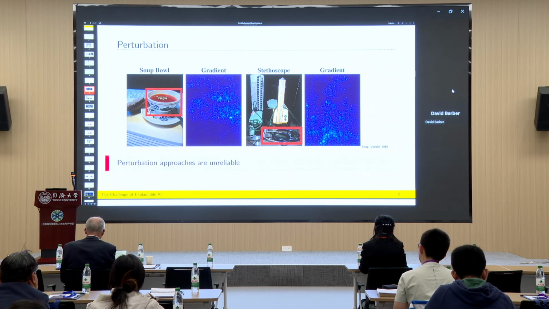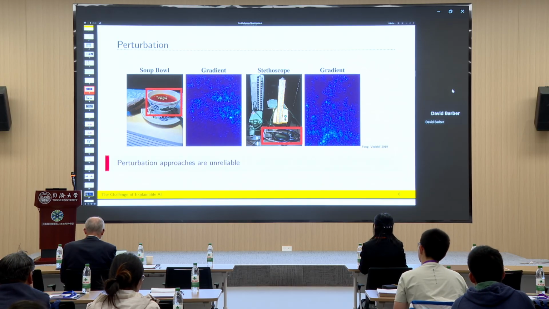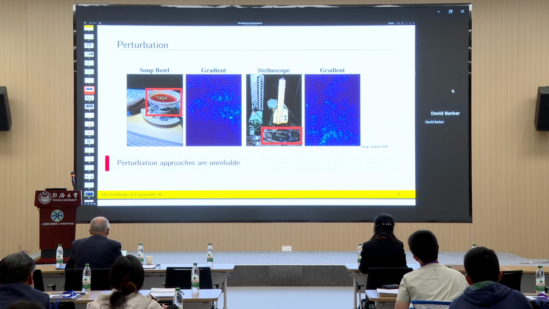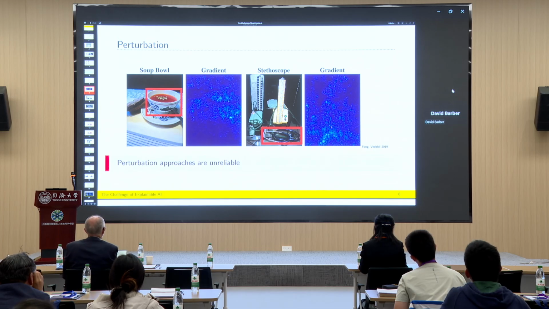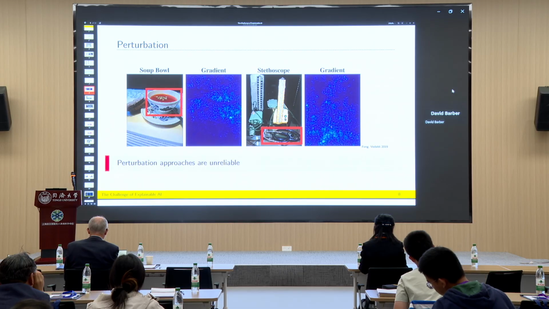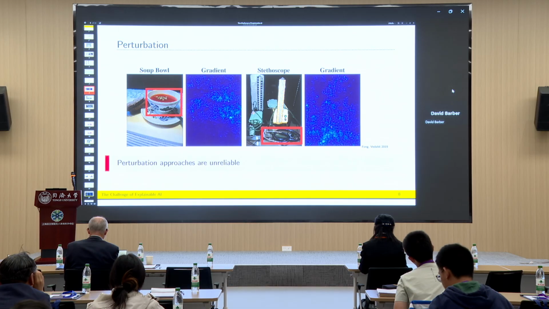You could say this is not a very clear or good explanation visually as to why the left image is actually a soup bowl. Similarly, we have a stethoscope here and do another perturbative analysis, and we end up with the image on the right, which is also very unclear, and not a very good interpretation of what's going on in the original image. So these perturbative approaches tend to be rather unreliable.